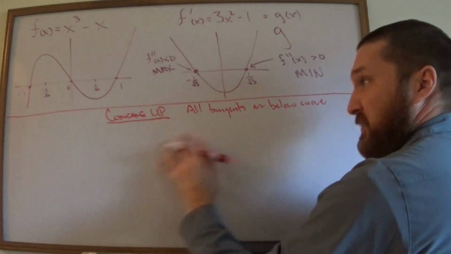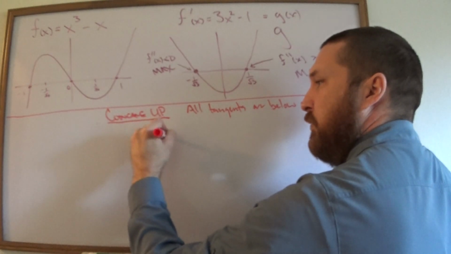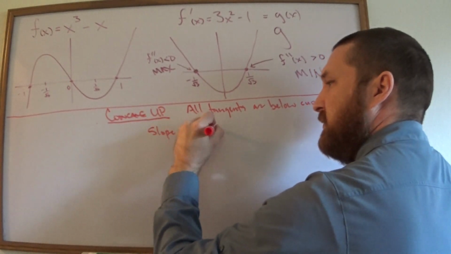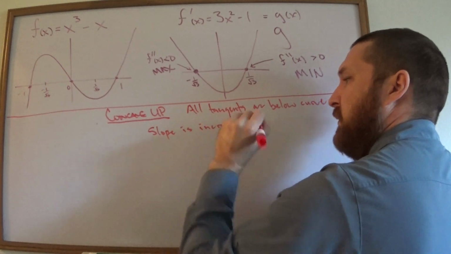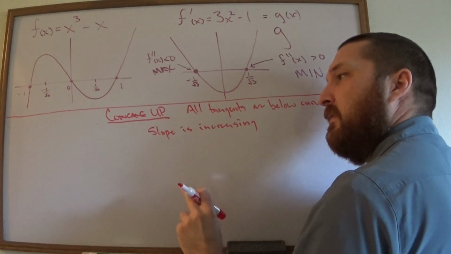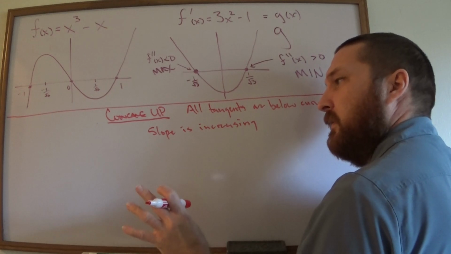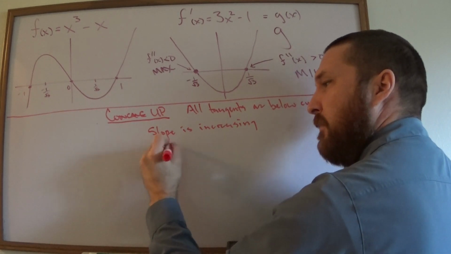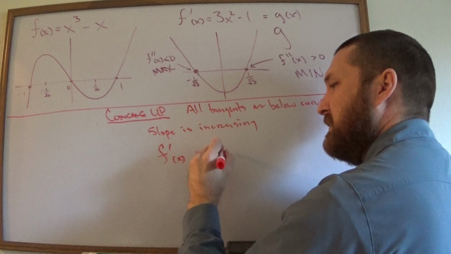The way I derived this is I said the slope is increasing. What's the slope of f at any point? f prime. f prime is increasing.